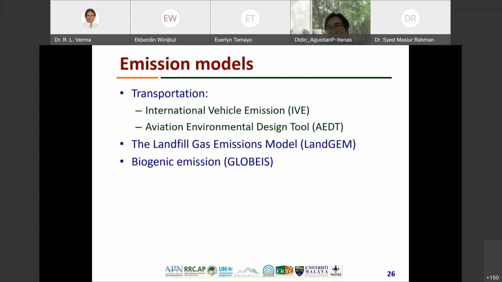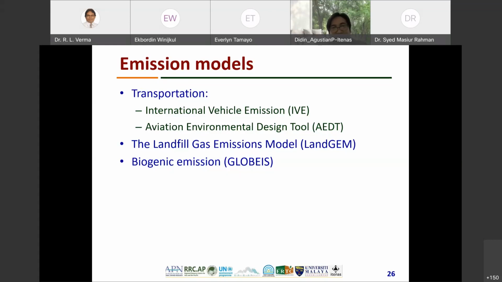Or maybe if you would like to estimate the emission from the airport, we have one quite handy tool to estimate the emission, and at the same time you can also have the dispersion of the emission from the airport, and you can also model the noise level of the activities available in the airport.